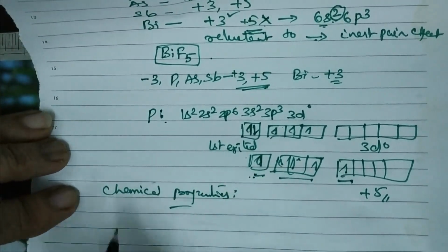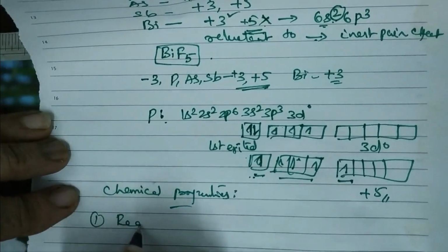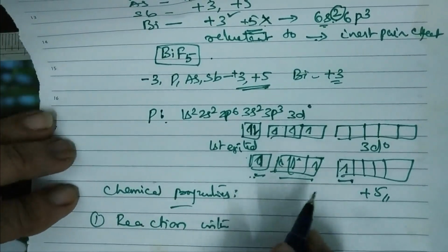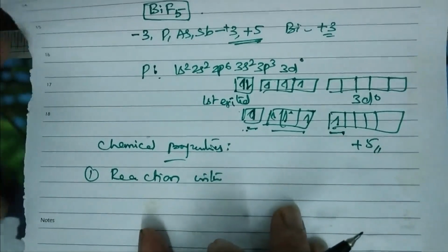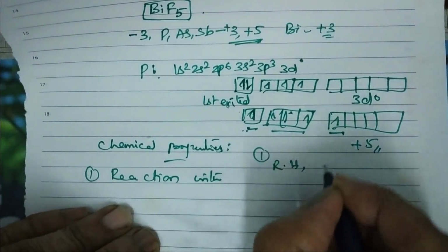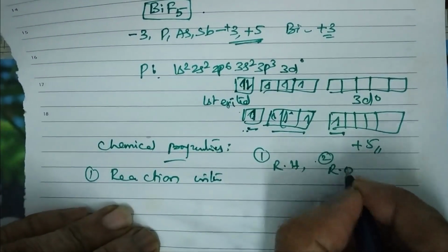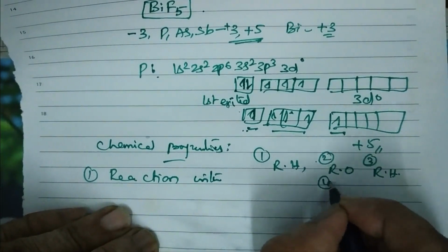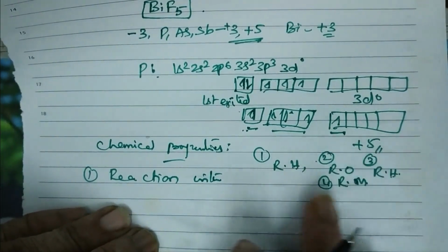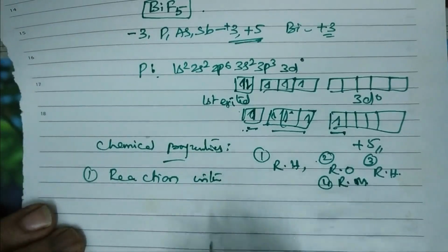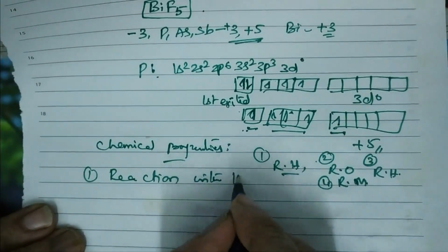For the 15th group elements, we have the following: first, reaction with hydrogen; second, reaction with oxygen; third, reaction with the halogens; and fourth, reaction with the metals. These are the general chemical properties of the elements in every group. So first is the reaction with hydrogen.